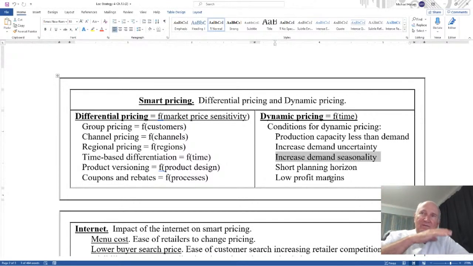When that seasonality, which is the amount of variation, increases, all of a sudden you can have a higher price when the demand goes up versus when it goes down.